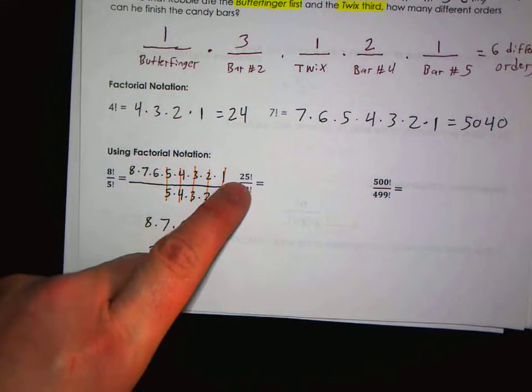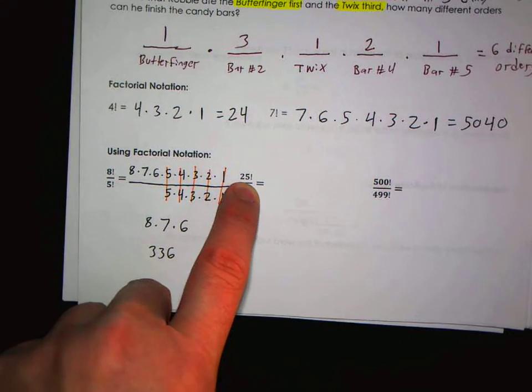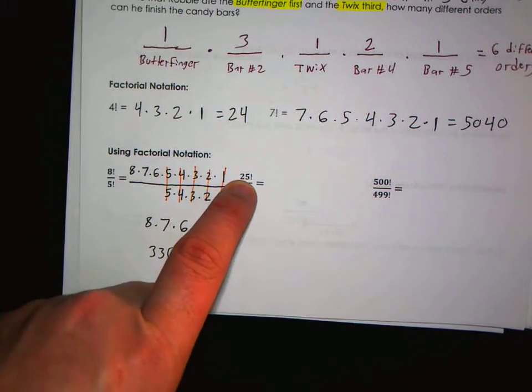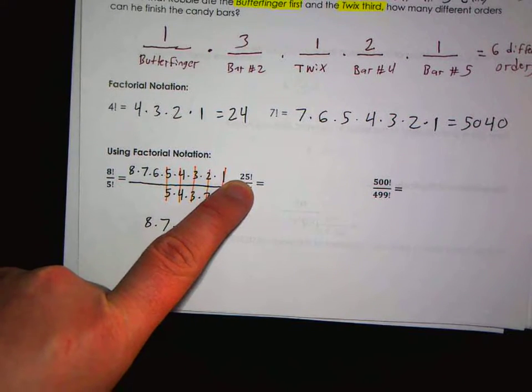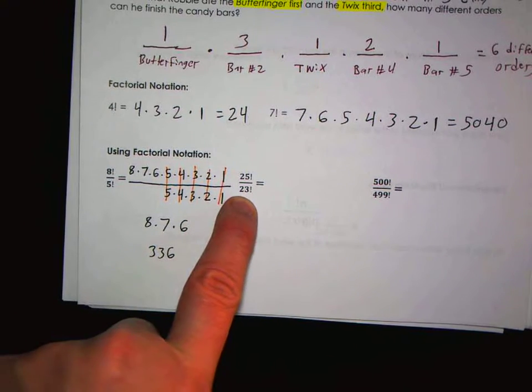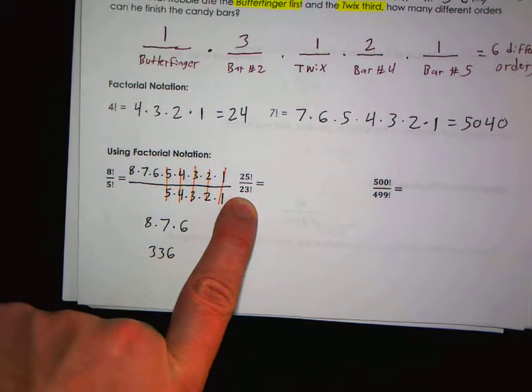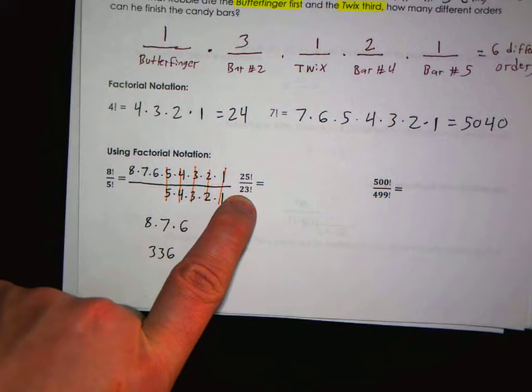Let's think about this one. If you have 25 times 24 times 23 times 22 times 21 times 20 times 19, 18, 17, 16, 15, 14, 13, 12, 11, 10, 9, 8, 7, 6, 5, 4, 3, 2, 1. And this one, it's 23 times 22 times 21 times 20, 19, 18, 17, 16, 15, 14, 13, 12, 11, 10, 9, 8, 7, 6, 5, 4, 3, 2, 1. So what's going to be left?